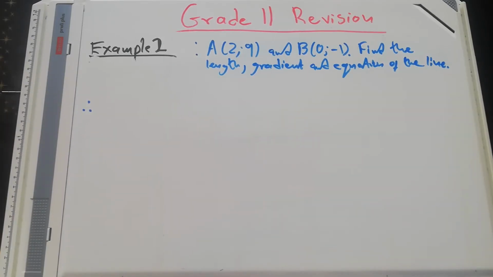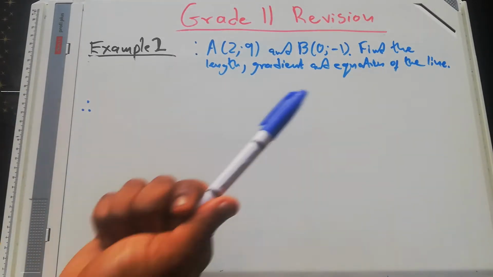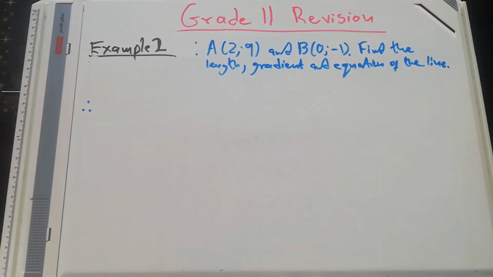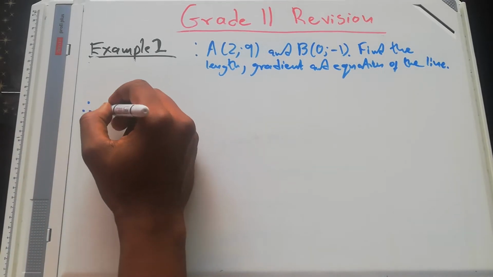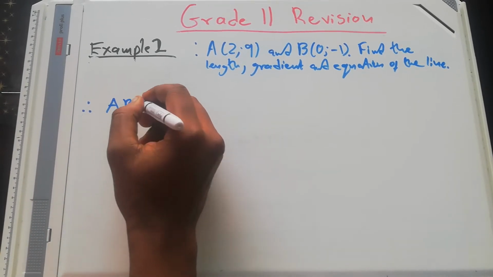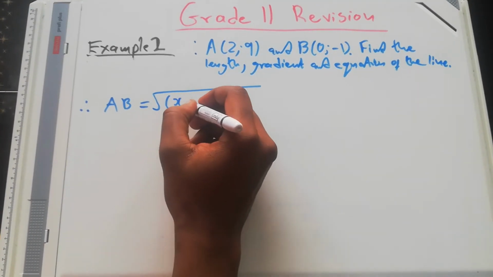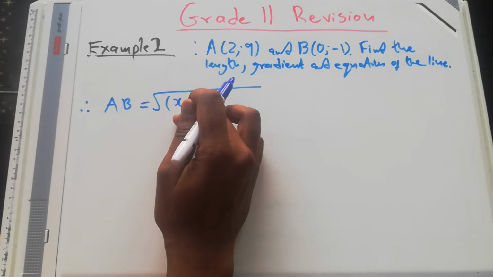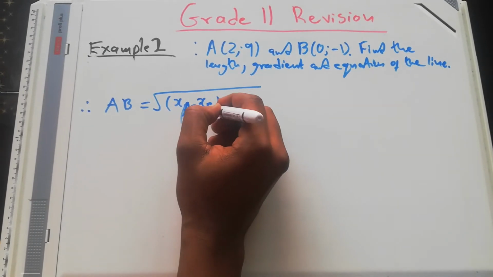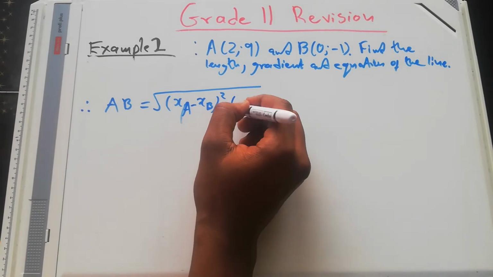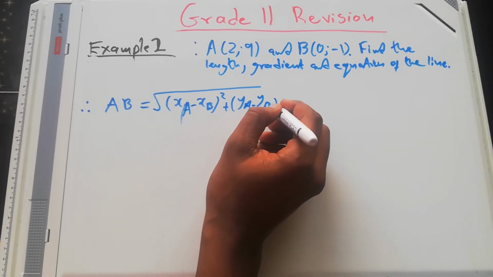For the second example, you are given 2 points. You are given point A and point B, and you are told to find the length, gradient, and the equation of the line. So firstly, let's start with the length using the distance formula. So we'll say AB is equal to the square root of (xA minus xB) squared plus (yA minus yB) squared.